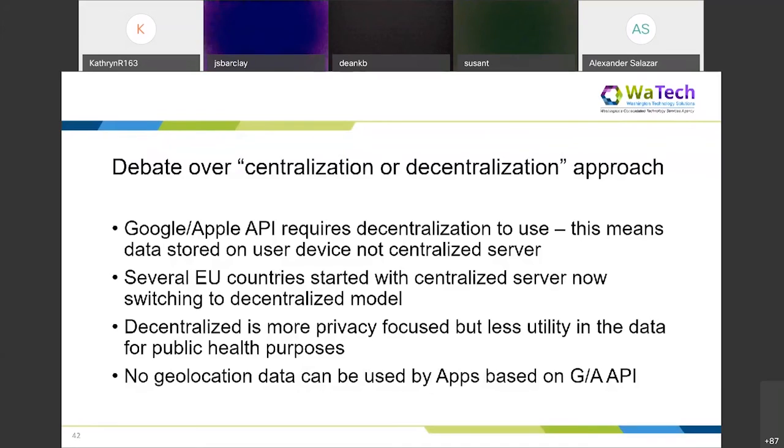And so that's where some of the technological issues have really hampered use of the centralization model, because it drains the battery life in a way that the Google Apple API doesn't drain the battery life. And so there's challenges in terms of the data exchange and use in terms of people downloading the app and that type of thing.